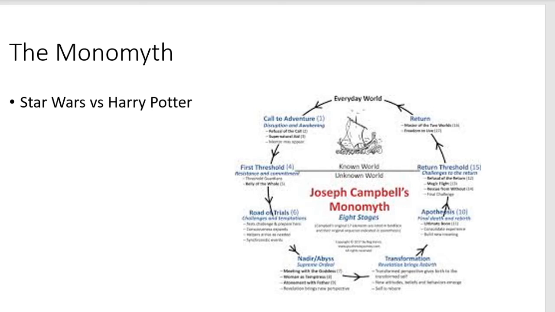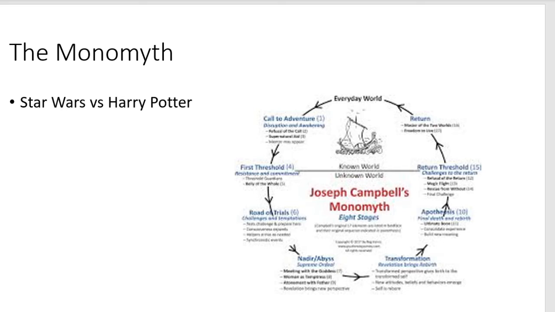And Joseph Campbell wrote a book in which he argued that there is one fundamental story that is retold and retold and retold in all manner of cases, where the hero starts off in the everyday world, and then there's the call to adventure, the first threshold, etc., and it cycles through. The monomyth is an incredibly popular format. You can see it in Star Wars. You can see it in Harry Potter.